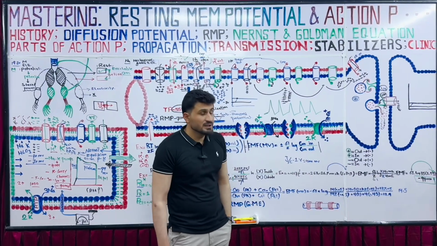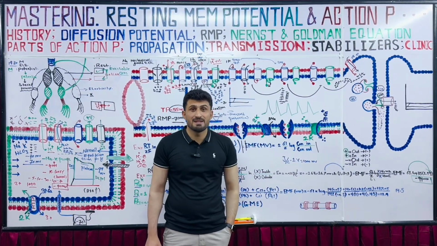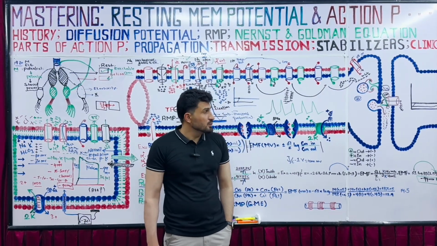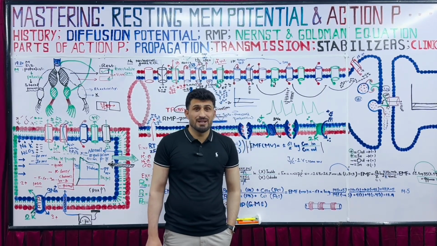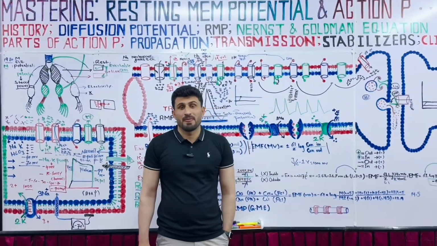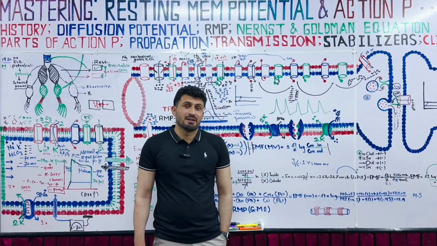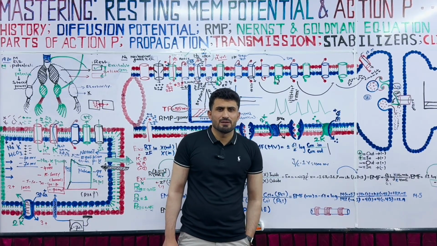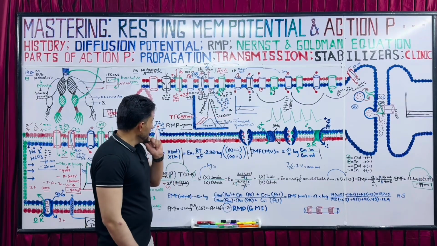There are a lot of diseases related to it, for example paralysis and neuropathies. We also have a lot of drugs related to it, specifically in cardiovascular disease or CVS pharmacology. You will study that we have a lot of classes of drugs.